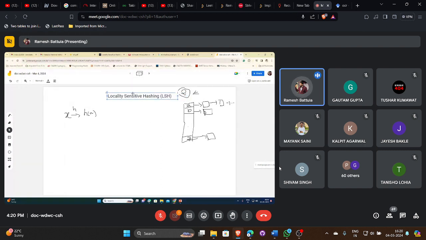Observe very carefully: locality sensitive hashing is quite the opposite. You should entertain the collisions. Why do we need to entertain the collisions? Can anybody guess? Can you unmute and answer this question?